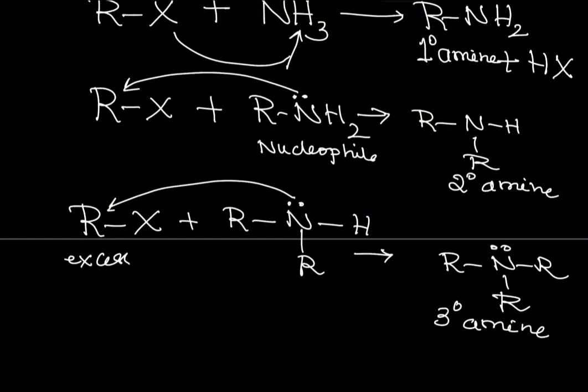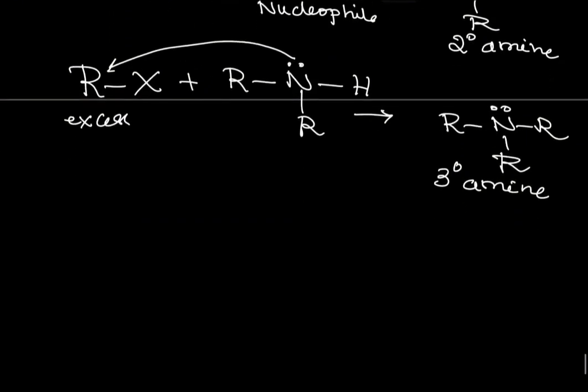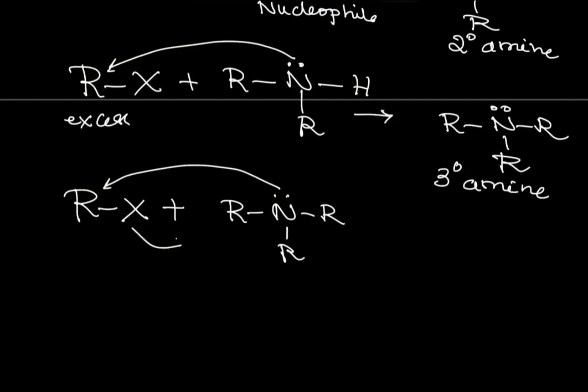Even the reaction does not stop here. Even the tertiary amine undergoes further substitution, and that gives rise to a salt called quaternary ammonium salt, where now nitrogen is attached to 4 alkyl groups carrying a positive charge.